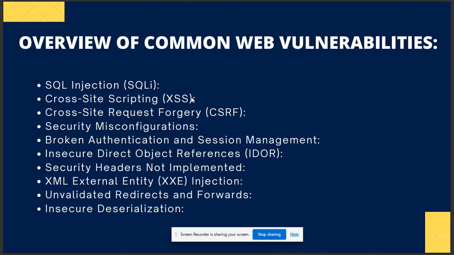And the fifth one is broken authentication and session management. Weakness in the authentication process or session management can allow attackers to gain unauthorized access to user accounts. A strong password policy, multi-factor authentication, and regular security testing help prevent authentication and session management vulnerabilities.